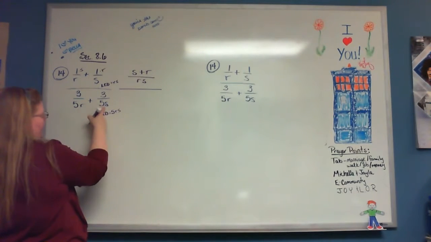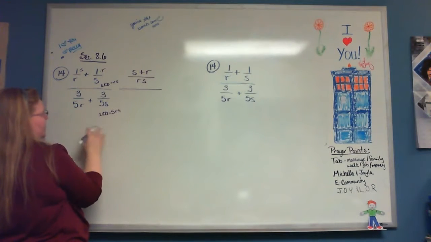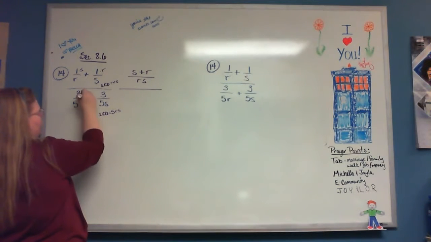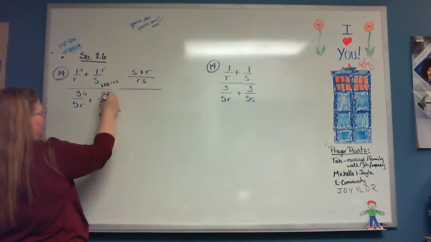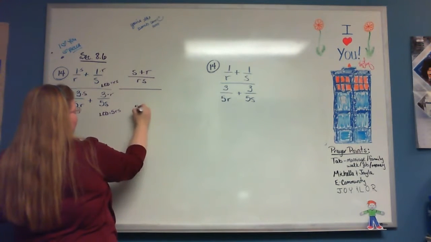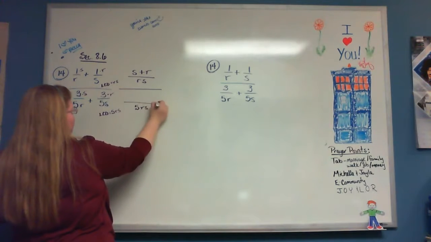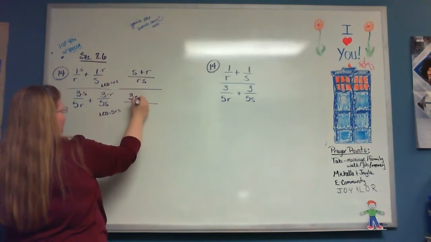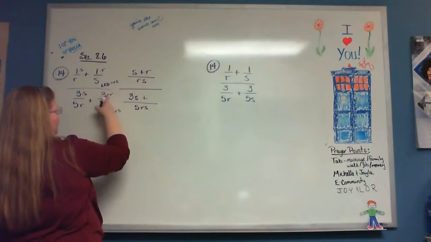And this one has an R, and that one has an S, so it's 5RS, because everything has to be in there. Over here, we're missing an S, and over here, we're missing an R. So my bottom is 5RS. Over here, I have 3S on top, plus 3R.